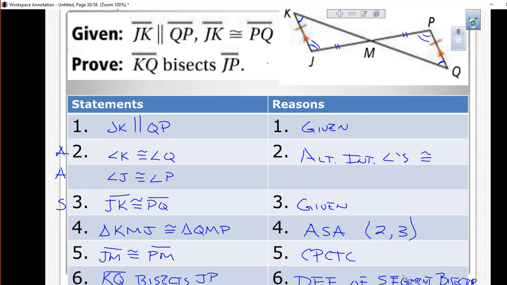So this is how you would prove a definition. Instead of just proving another side was congruent, we're proving a definition this time. So we had to use everything we did before to prove that this KQ does in fact bisect JP.